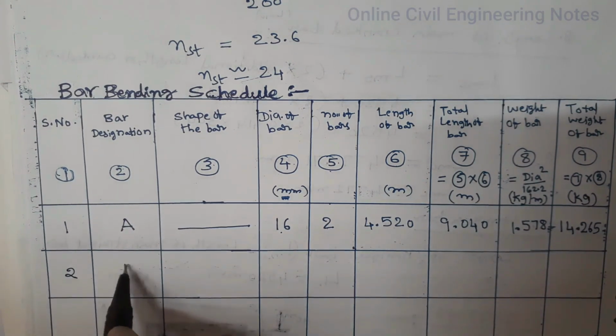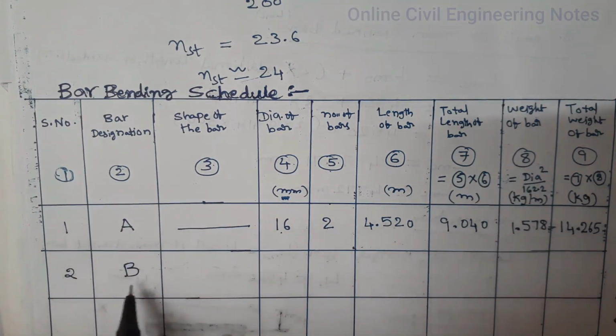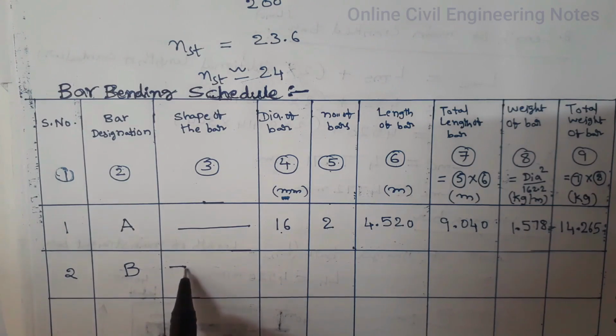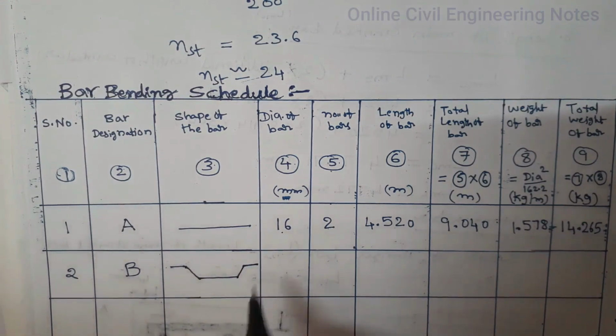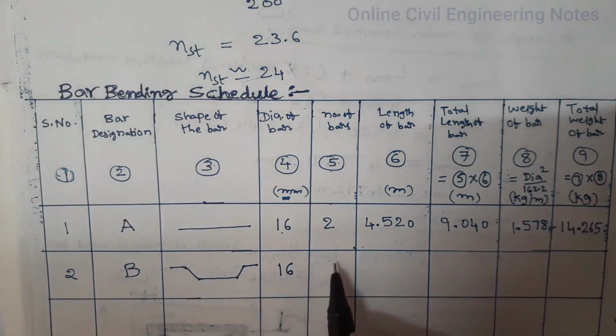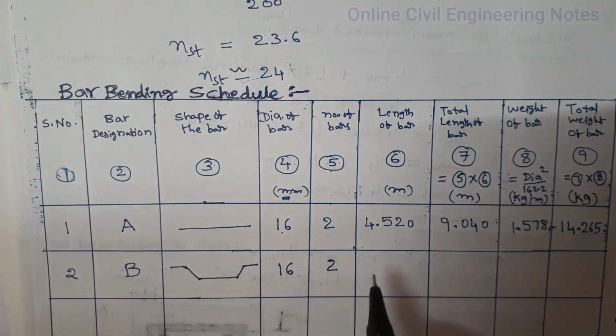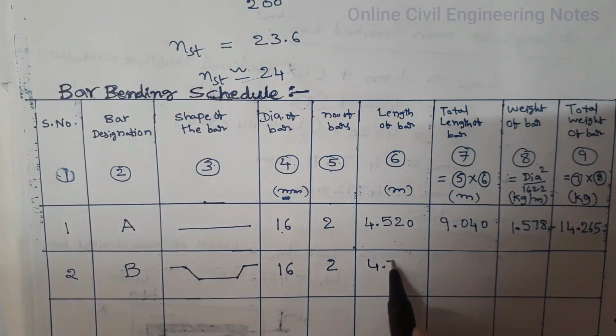Next bar is cranked bar. Designation is B. And cranked bar diameter also 16 mm. Number of cranked bars are 2. Length of the cranked bar is 4.772 meters.